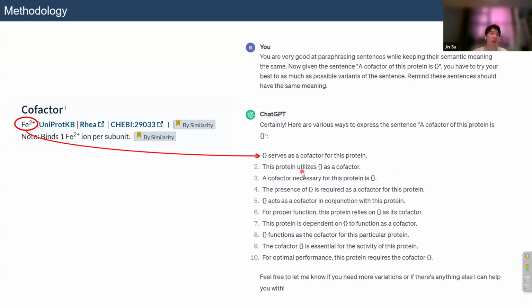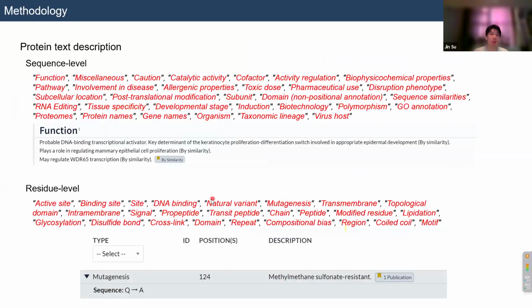So then we can just fill the keywords into these templates. For example, Fe serves as a cofactor for this protein, or this protein utilizes Fe as a cofactor. So to do so, we can generate sentence templates for each of these subsections, and then we can reformalize these tables into readable complete text. And this text can then be combined with sequence level data and fed into the model for training.